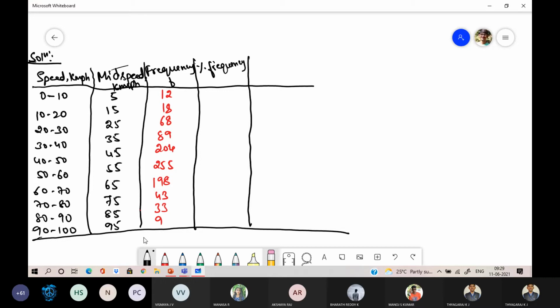First you have to calculate the summation of F. Check how much you get for the summation of F. 840, sir. Now calculate the percentage frequency.